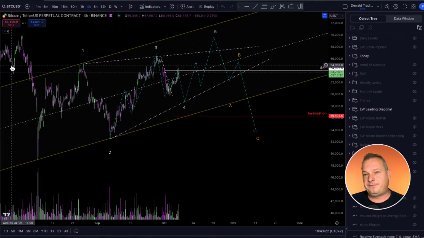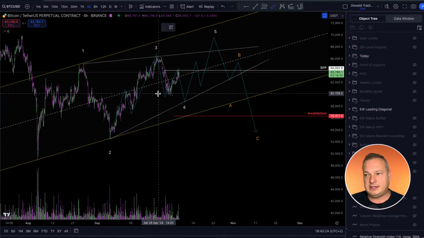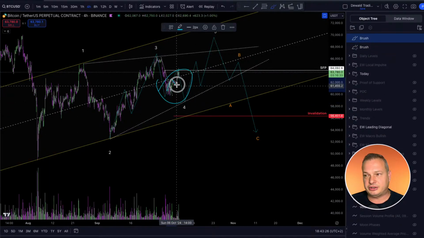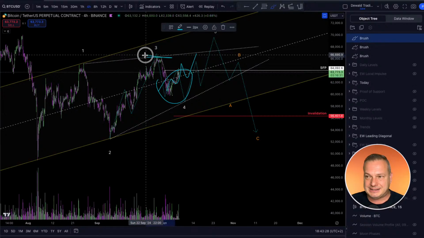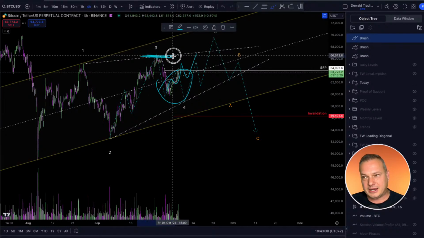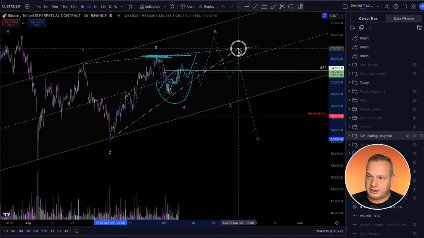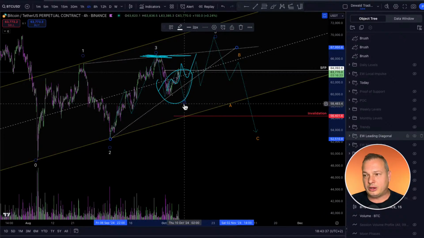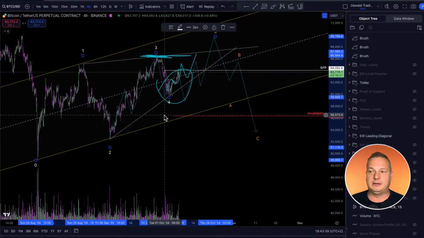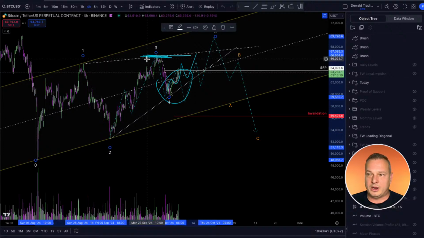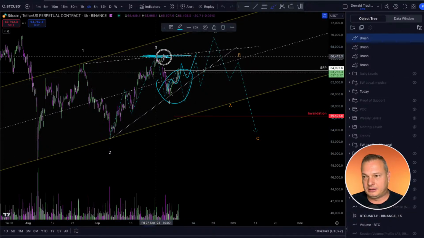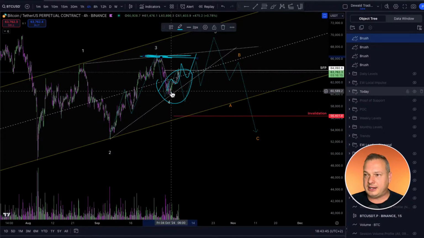And if price finds the strength inside of here to just start pumping to the upside and it takes the high, what I will do is I will simply take my trend and move it there and say, ooh, okay, fourth wave is already in.